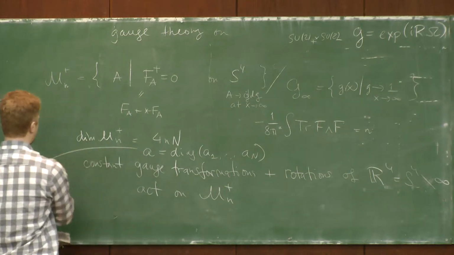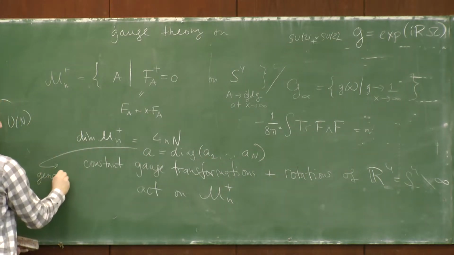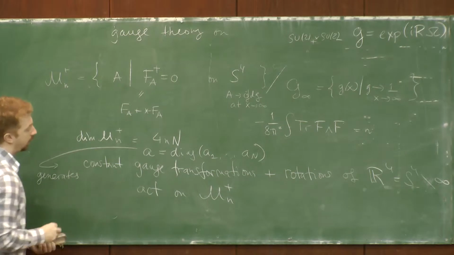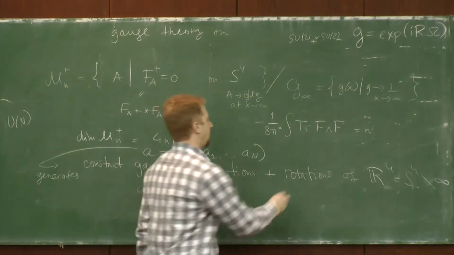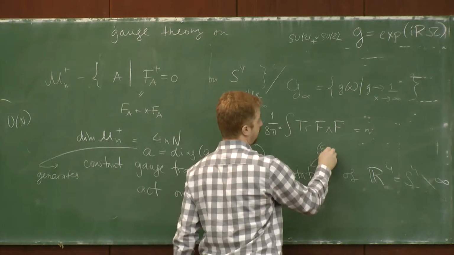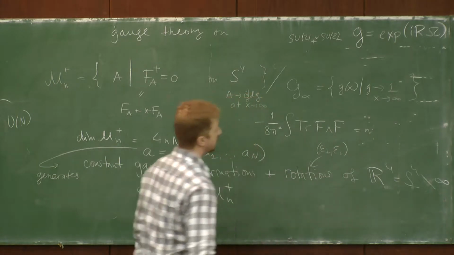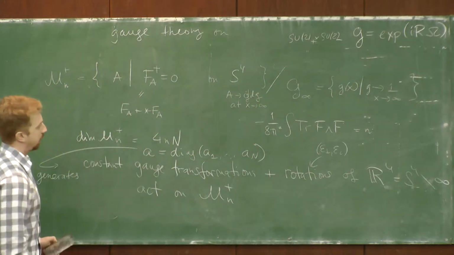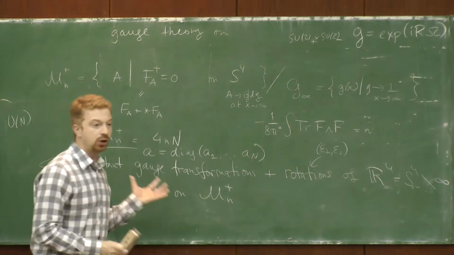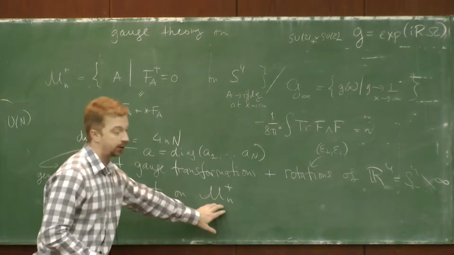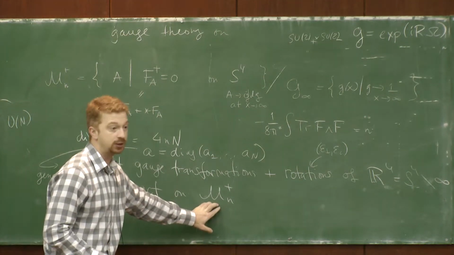So that generates the constant gauge transformations, and the parameters of the infinitesimal rotations are our friends epsilon 1 and epsilon 2. So we have a large group of symmetries which acts on this space.